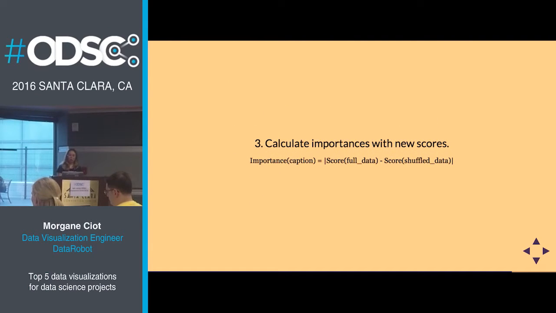Our importance score is the difference between the score of the predictions on the full dataset and the score of the predictions on the matrix with the permuted column. Score being whatever metric you use to optimize the model.